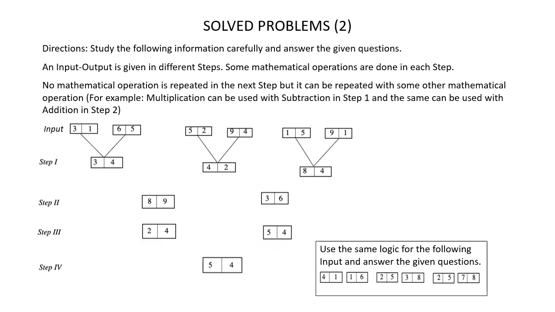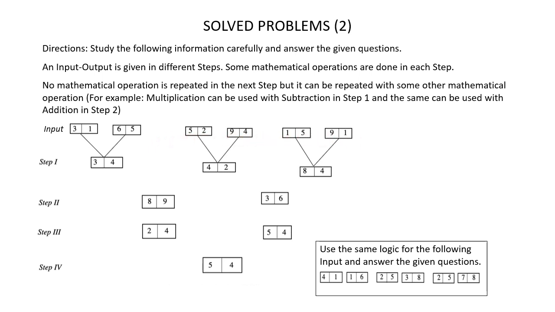In step 4, you have only one number and this number is written within a box and also split into its respective digits. Here you can see that step 4 is the last step of this sequence. So step 4 is the final output for this given input.